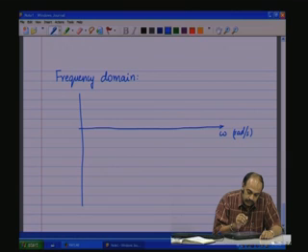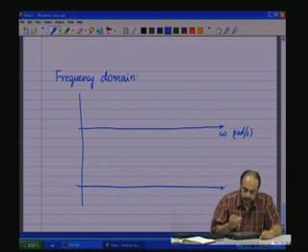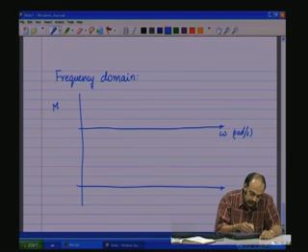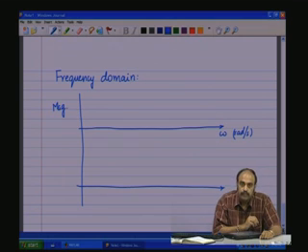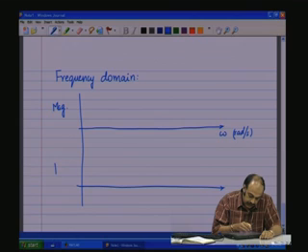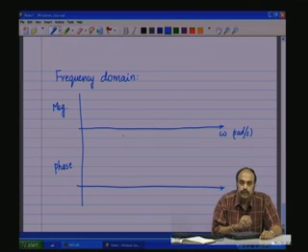Here, there are two major plots that need to be viewed. One is the magnitude plot, and the other is the phase plot with respect to the frequency omega.